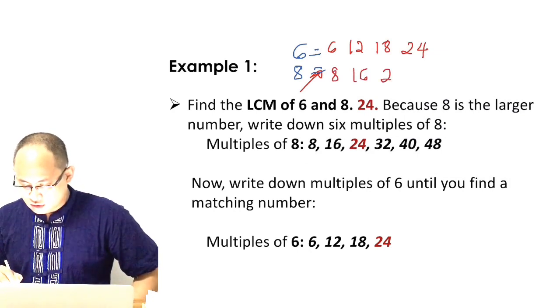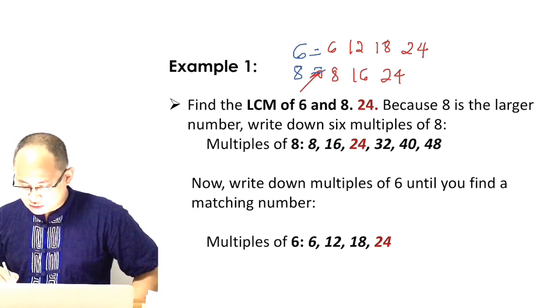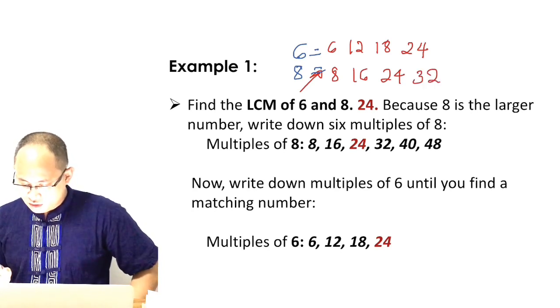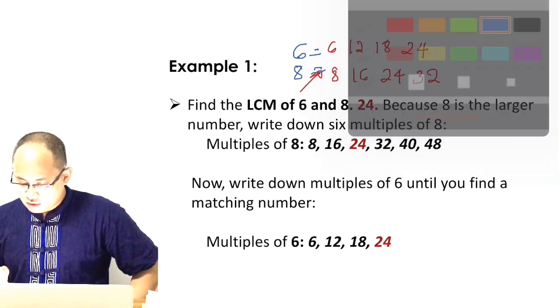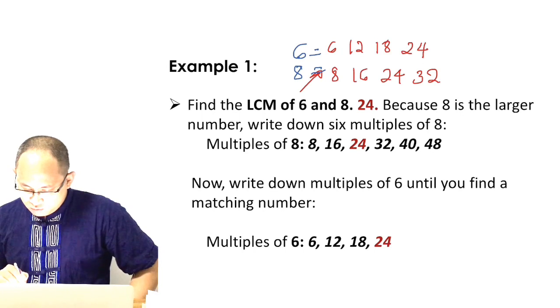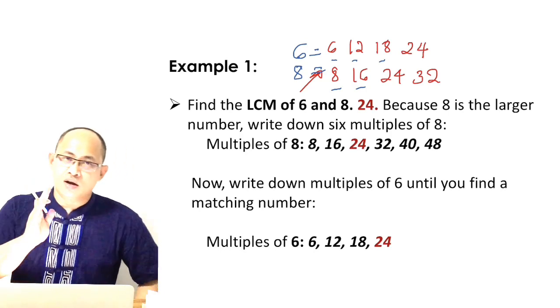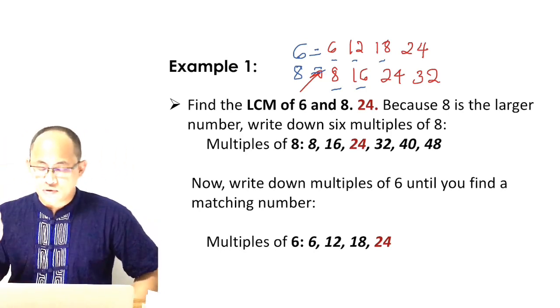16, 24, all right, what else, 32, and then we stop from there. Now if you start from the very beginning here, you have to choose the number that is from the very start that is common between these two numbers.